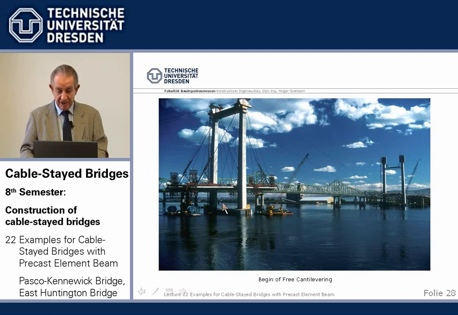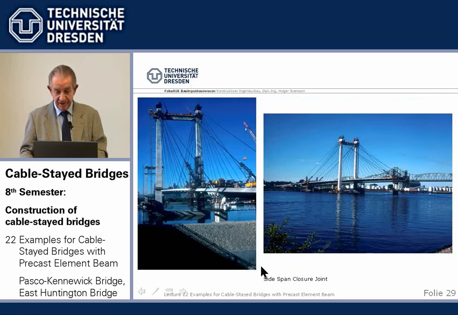Well, then we come to the overall picture, the free cantilevering to both sides. We have our two travelers, we have the auxiliary stays, we have the auxiliary tiebacks, and the thing goes on until we reach the side span joint. Now here, this joint is closed, similar to the one in the center, which I'll show you later.